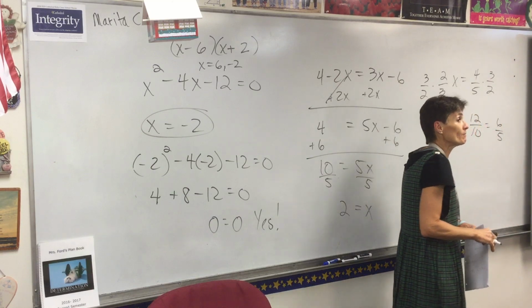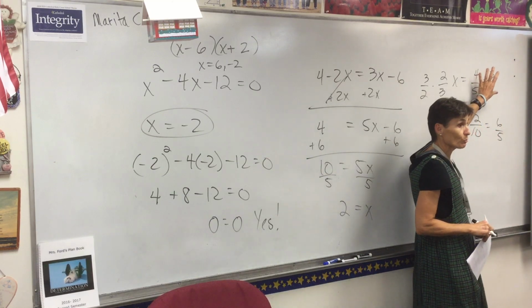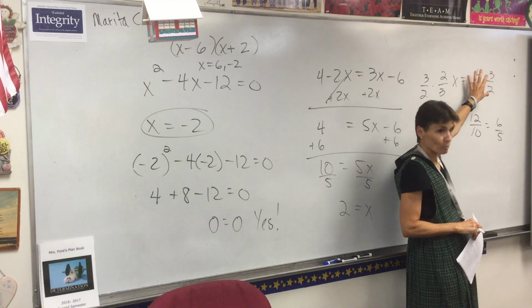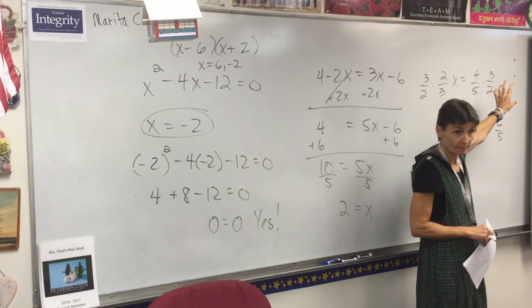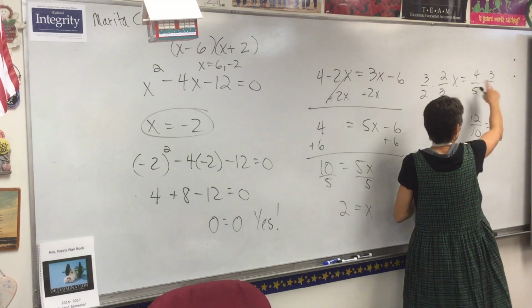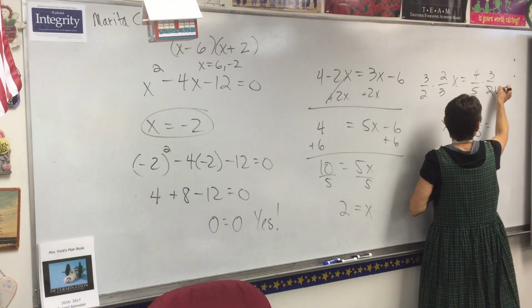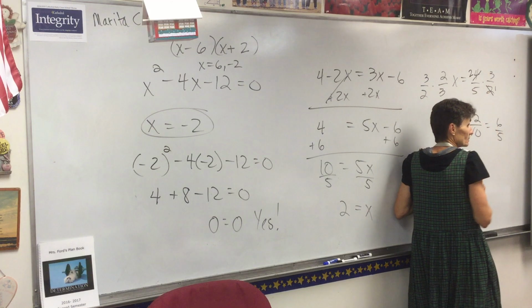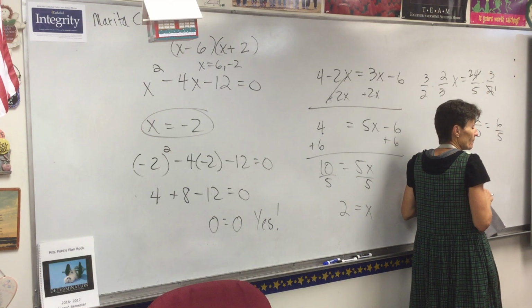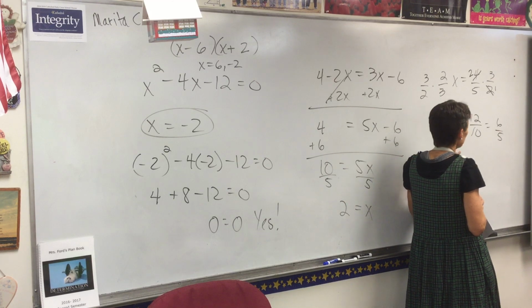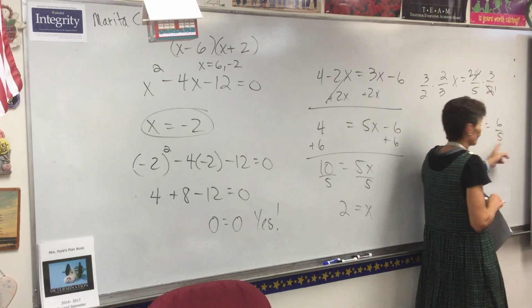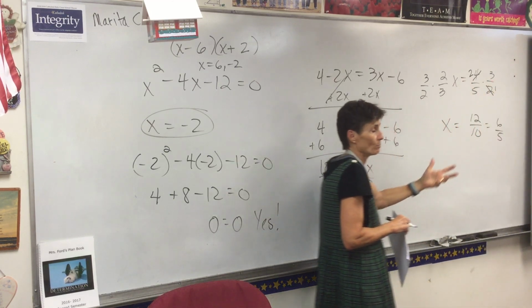Now, a few of you might choose to reduce before you multiply. And that's okay too. We call it cross canceling. So you might say over here, oh look, 2 goes into 4. You don't have to do it this way, but some of you might, and then you end up with 6/5.